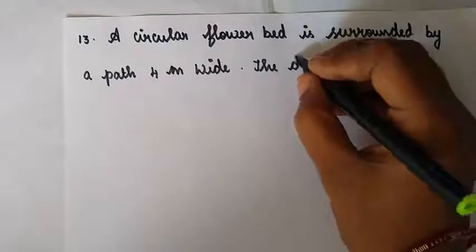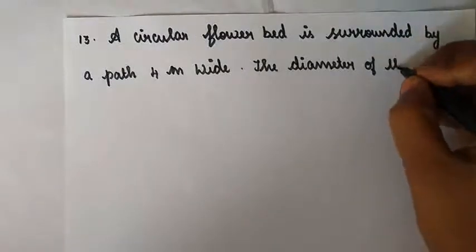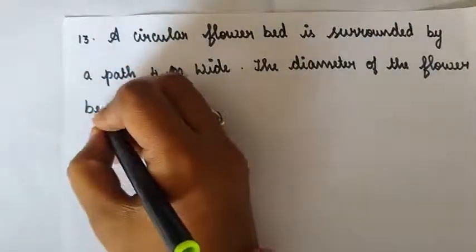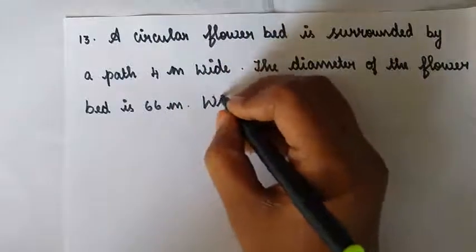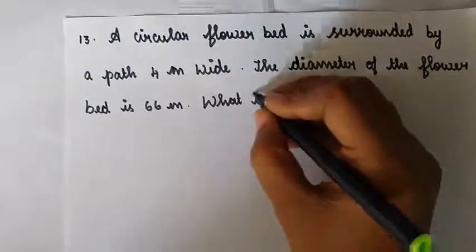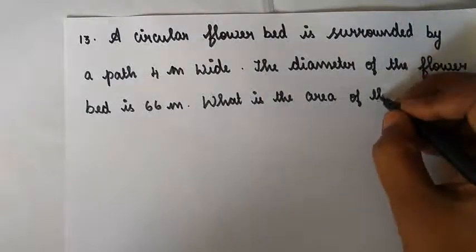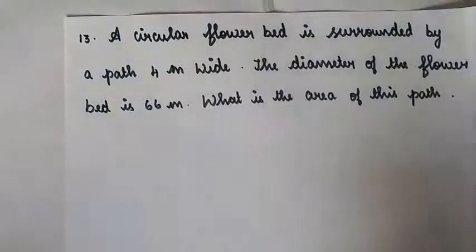The diameter of the flower bed is 66 meter. What is the area of this pot?